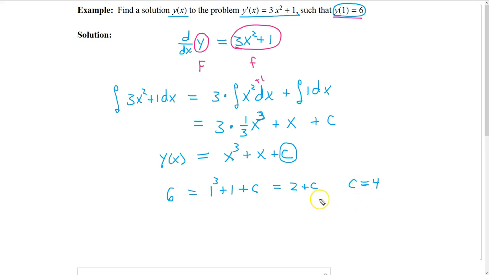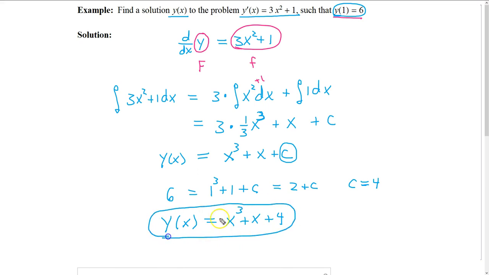So now we've obtained a specific solution y to this problem, and that's our answer. Notice, if we differentiate this function, the derivative of x cubed is 3x squared, the derivative of x is 1, the derivative of 4 is 0, so y does satisfy this equation.